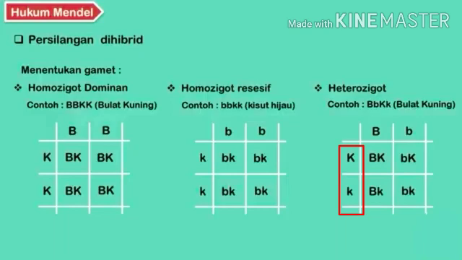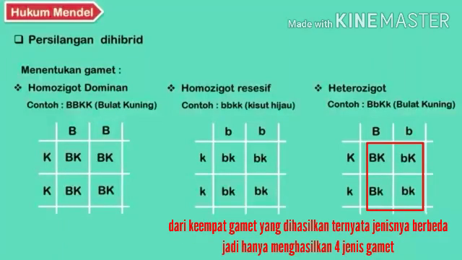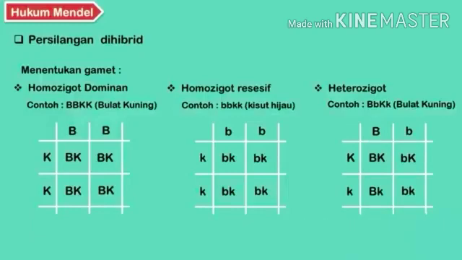If we match the column and row, the contents are BK, bK, Bk, and bk. From the four gametes produced, it means that they are of different types. So it produces 4 types of gametes.